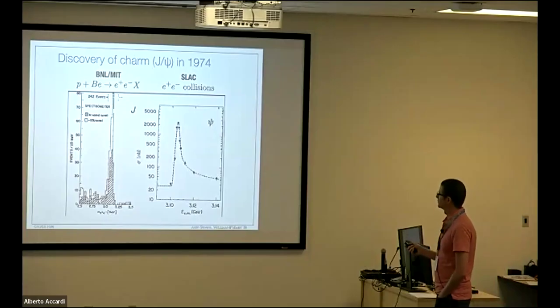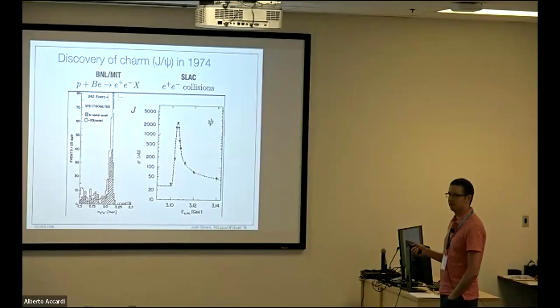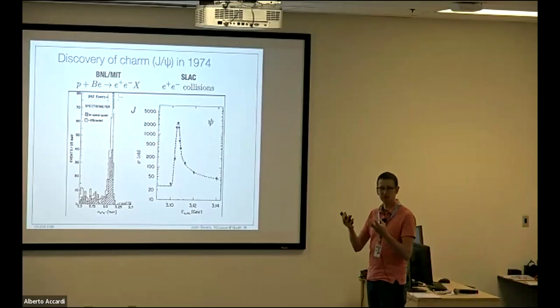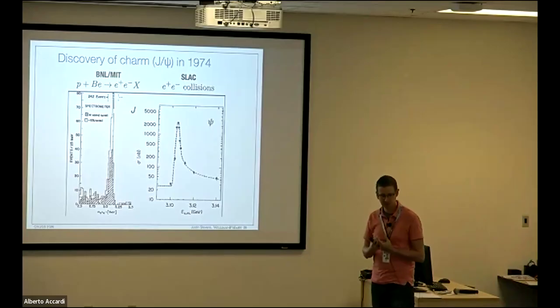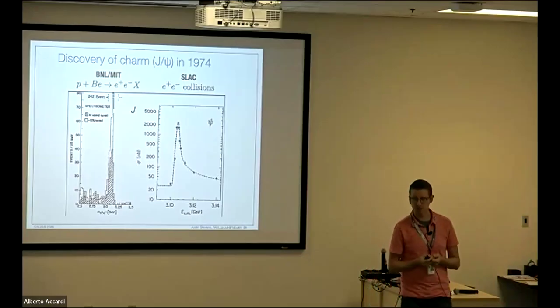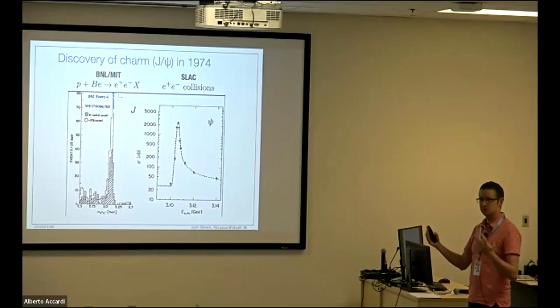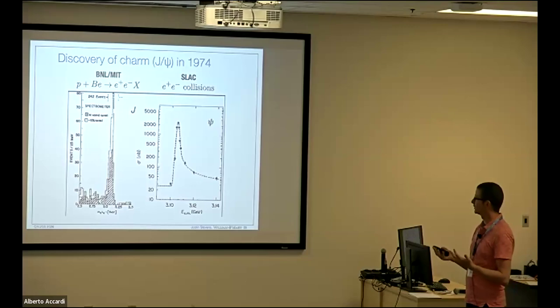And so forever since, we have known this particle as the J/psi. And so this is the lightest charmonium state. It's a charm anti-charm system, just like the phi meson is a strange anti-strange system in the light quark sector. And this really revolutionized the field of hadron spectroscopy because we knew we had a whole new flavor of quarks to deal with.